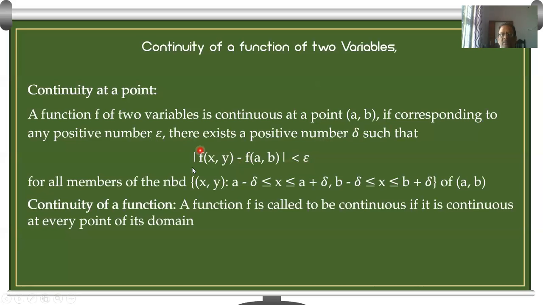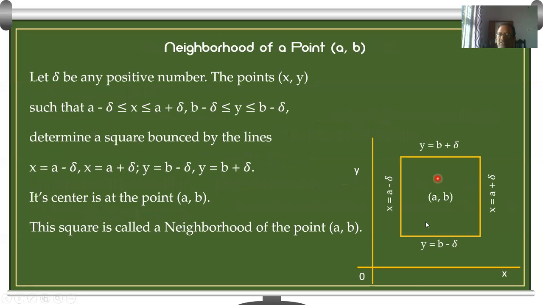It is a condition for all members of the neighborhood, (x, y) in between these lines of (a, b). That is, a minus delta less than or equal to x less than or equal to a plus delta, and b minus delta less than or equal to y less than or equal to b plus delta. Here it is a neighborhood of (a, b).